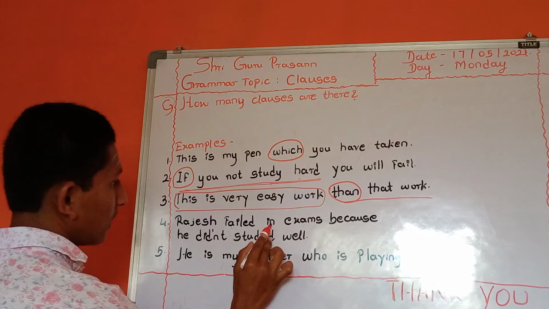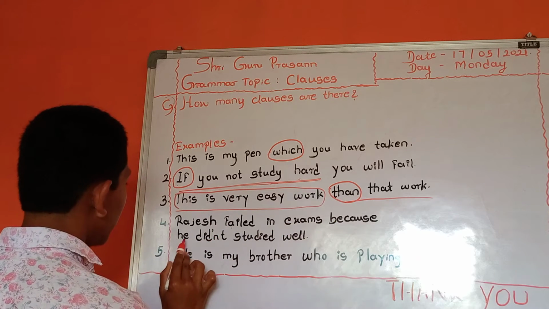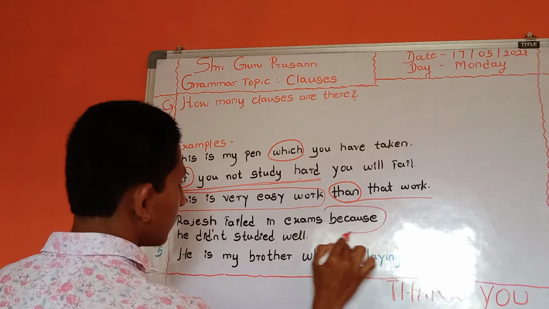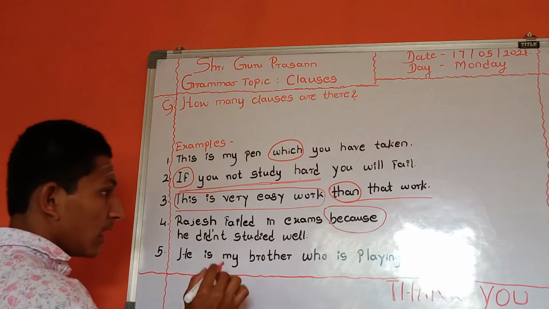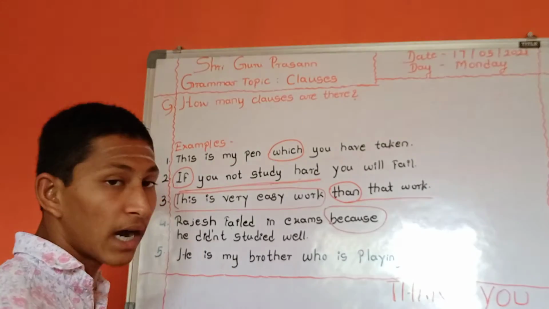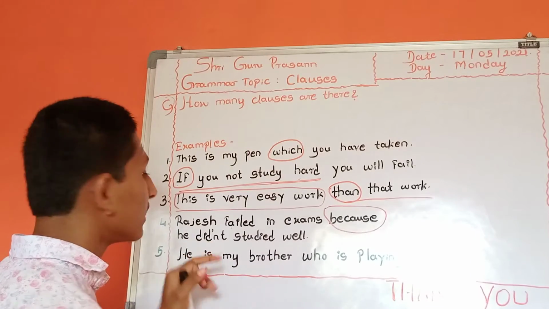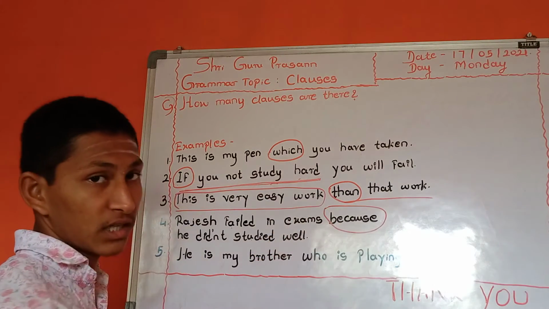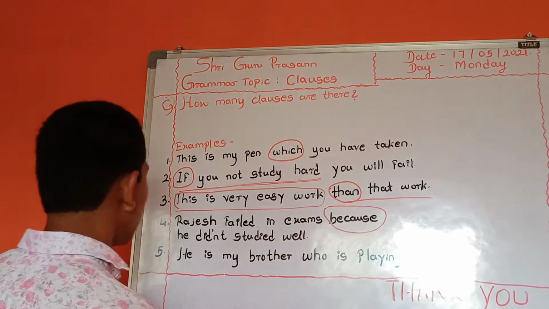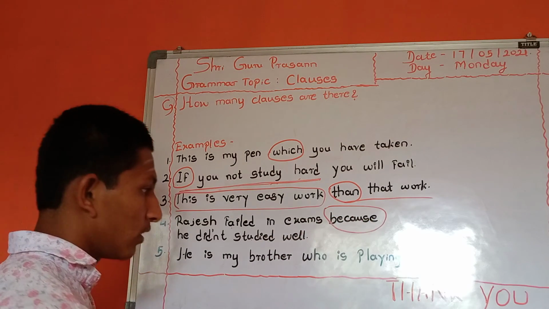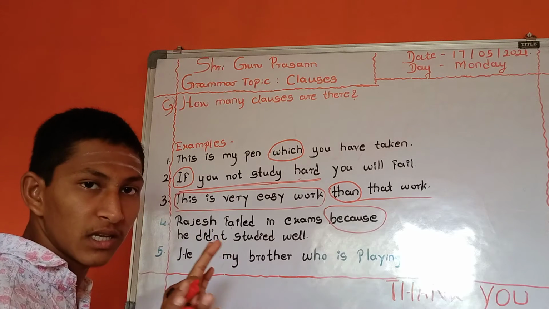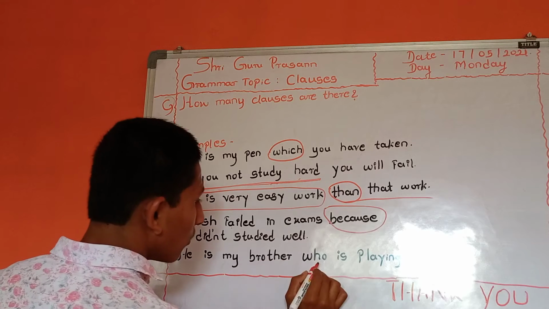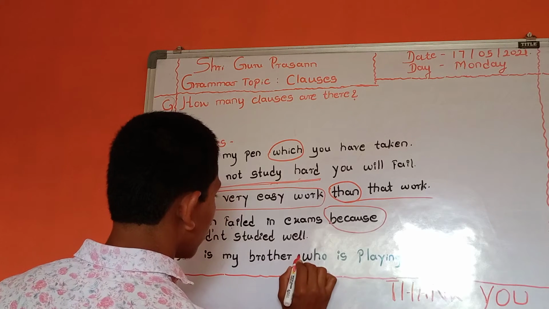Rajesh failed in exams because he didn't study well. Because is the subordinating conjunction. The subordinate clause always starts with a subordinating conjunction. That is a major hint to recognize which is the dependent and which is the independent clause. The fifth example is, he is my brother who is playing mobile.